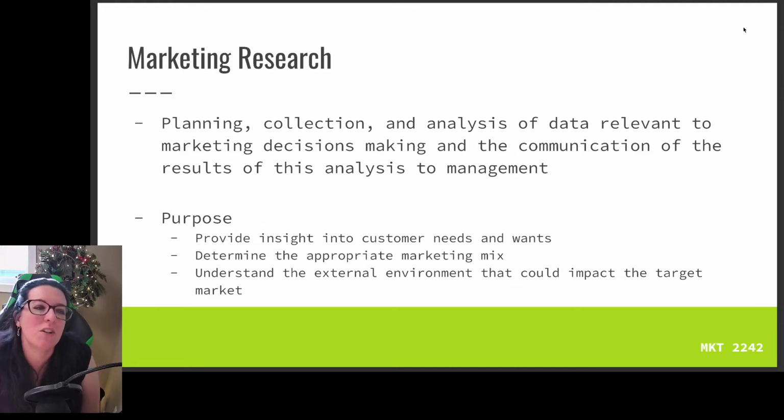So we have to understand the external environment, and we have to understand the place. As we set our marketing mix in terms of where we're going to sell it, we have to find the appropriate price. So determining that marketing mix of price, place, promotion, and product are really dependent on that marketing research, both understanding the external environment and understanding our customers' needs.